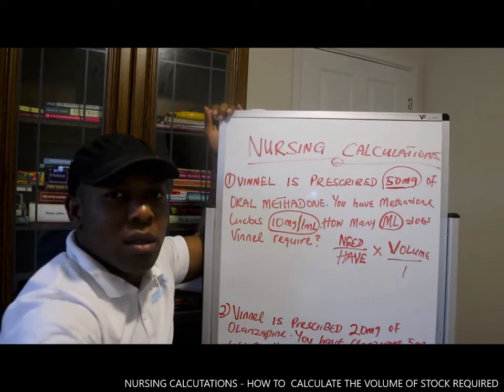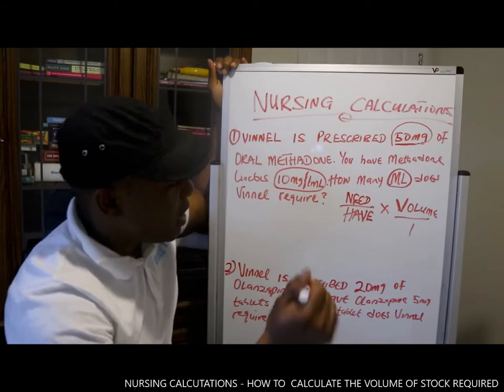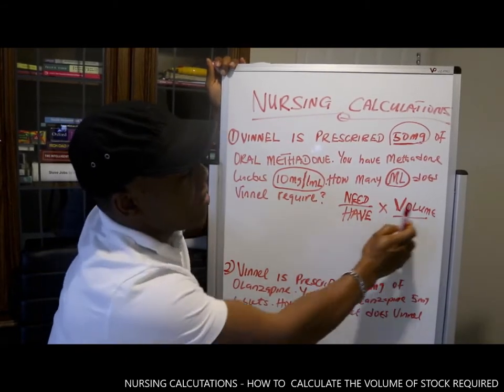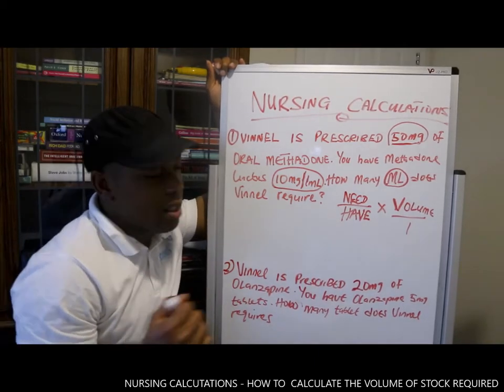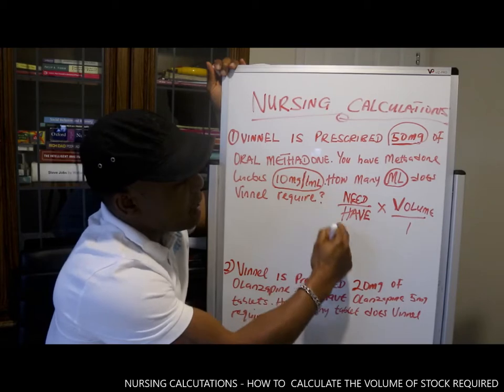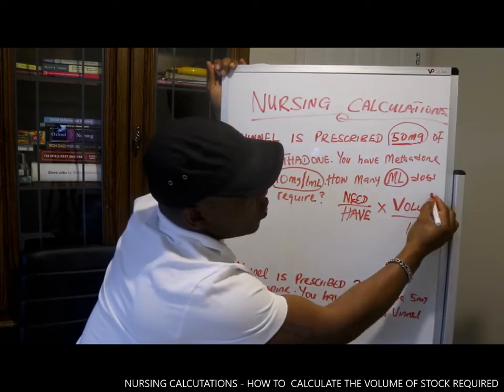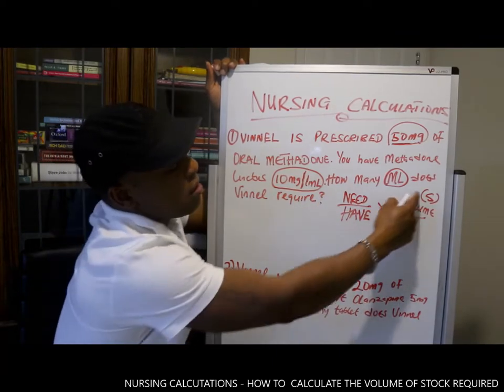Sometimes you call it NH, need over has times volume, which is also equal to the solution. You can call it the NHS formula.